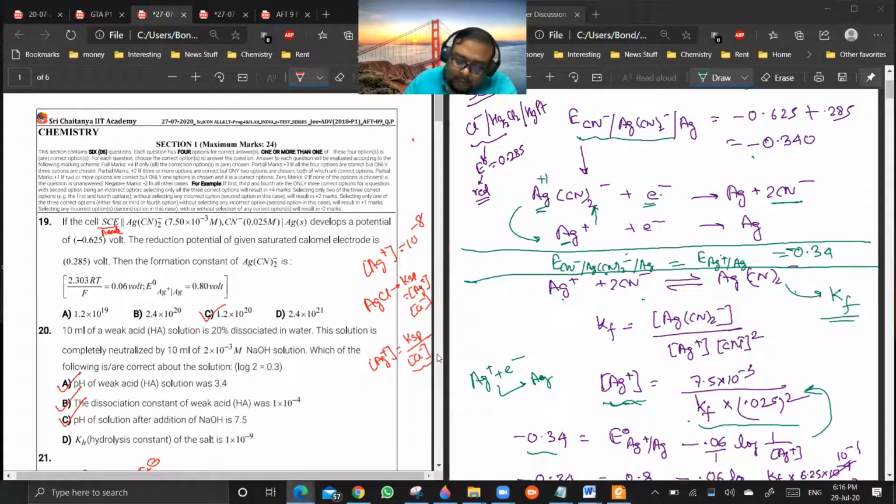Suppose this Ksp value is like 10 to the power minus 10. Then I can get this Ag plus concentration to be 10 to the power minus 8 if I am using 0.01 molar Cl minus. So it is like an indirect way of controlling the concentration of Ag plus. Are you getting my point? Yes, sir. Okay, so the same thing we are using here.